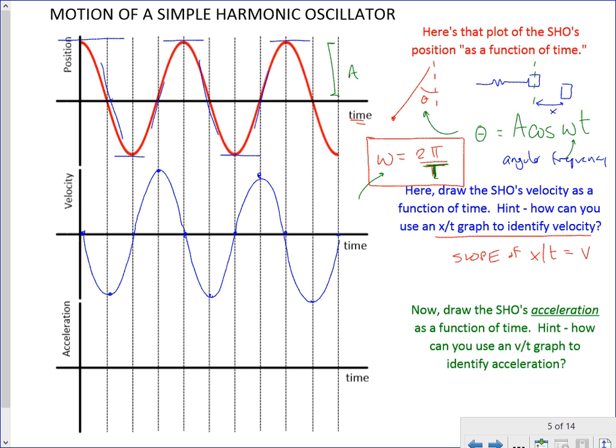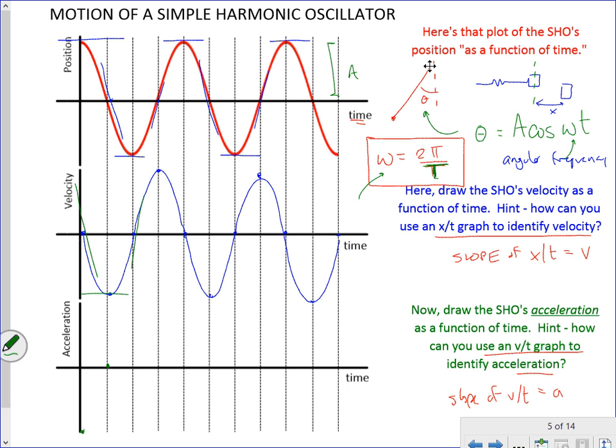Now we can use that graph of velocity in time to plot the system's acceleration as a function of time. And how do you use a v-t graph to find acceleration? Well, the slope of v-t is acceleration. So this says that early on here, slope big and negative. Slope 0.